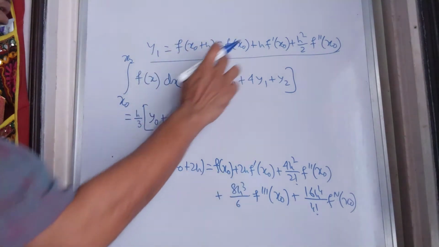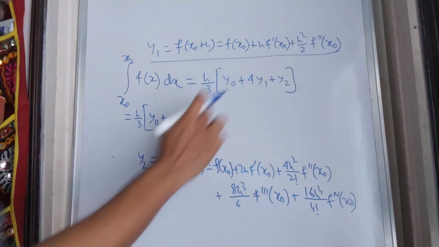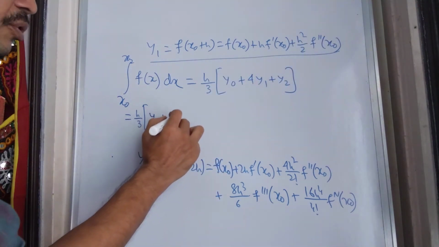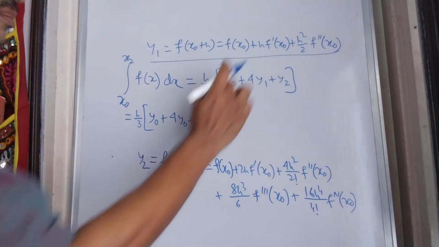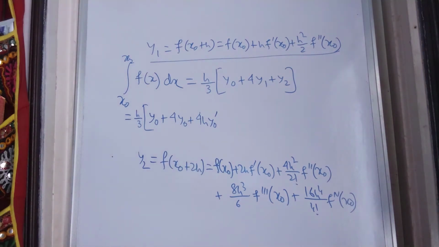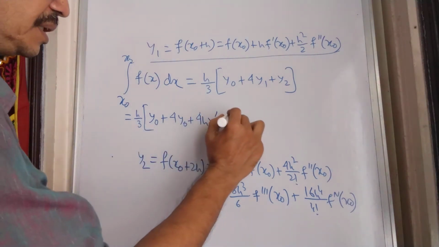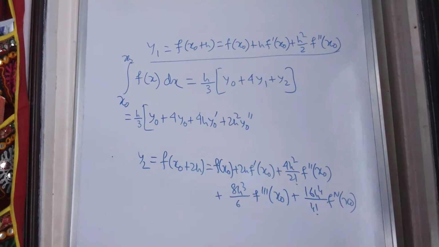So this is y0, and then you have y1 as this multiplied with 4. So it gives 4y0 plus 4h y0 prime plus 2h square y0 double prime.